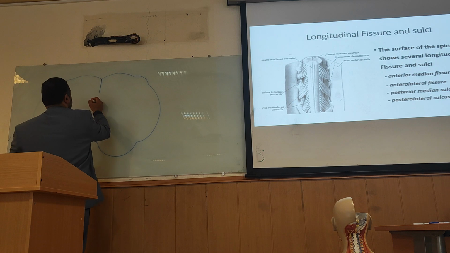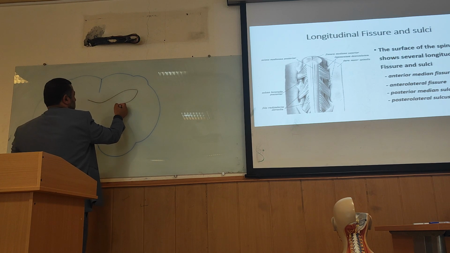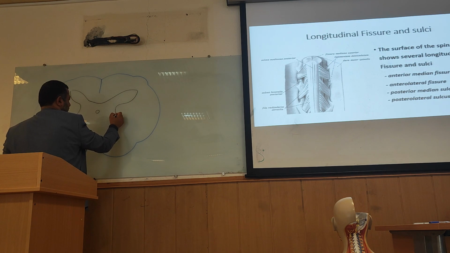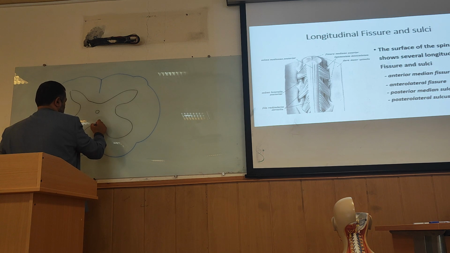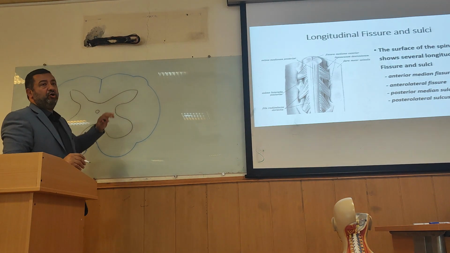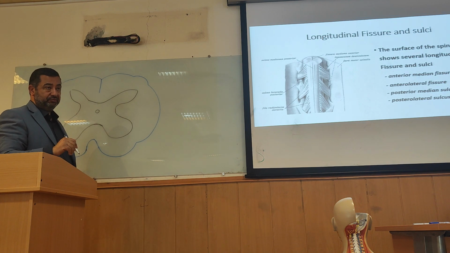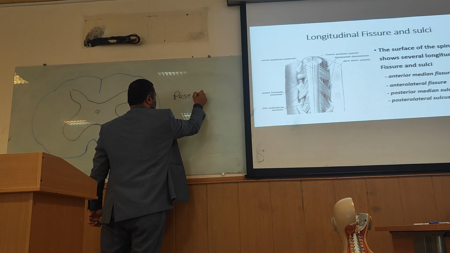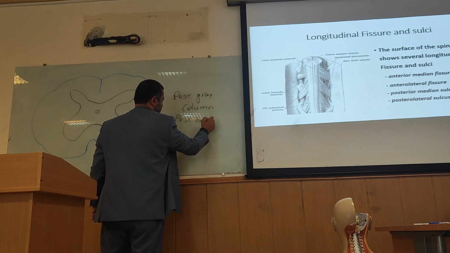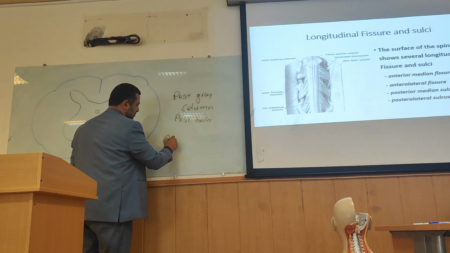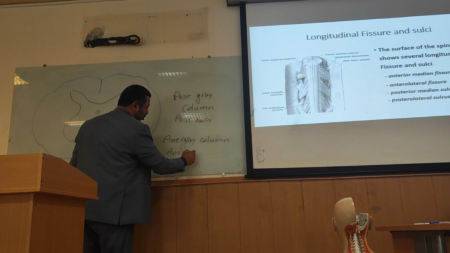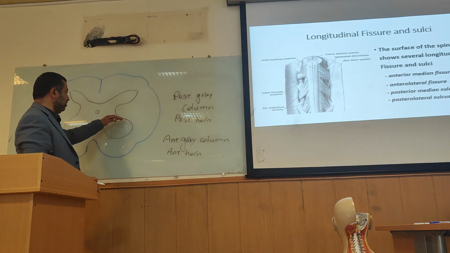In the central part, similar to the X or H. This gray matter has posterior horn or posterior gray column, and an anterior gray column or anterior horn. Yeah, here is anterior horn, here is posterior horn.